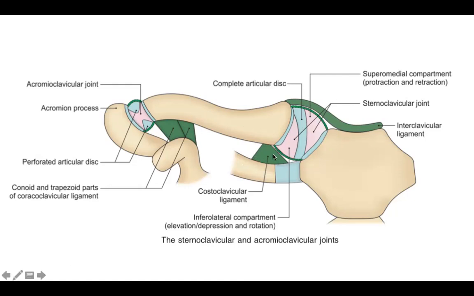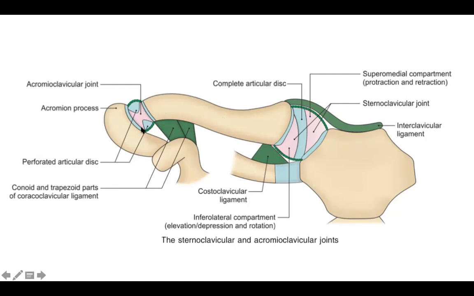Clinically, if we come to a clinical correlate of the sternoclavicular joint, does it dislocate? Yes, it can be dislocated, but it needs a very, very strong force. Usually these two joints, the sternoclavicular and the acromioclavicular, are very strong, so the force is conveyed from the upper limb through the clavicle, through the sternoclavicular joint to the sternum.